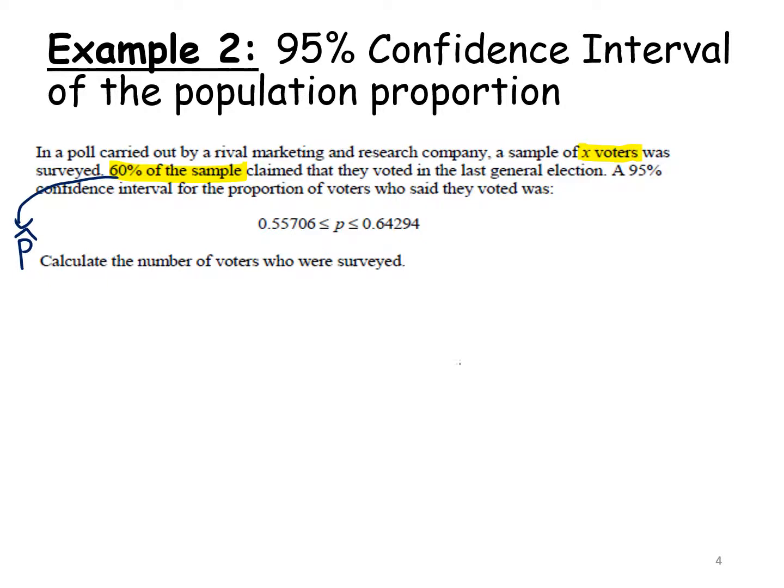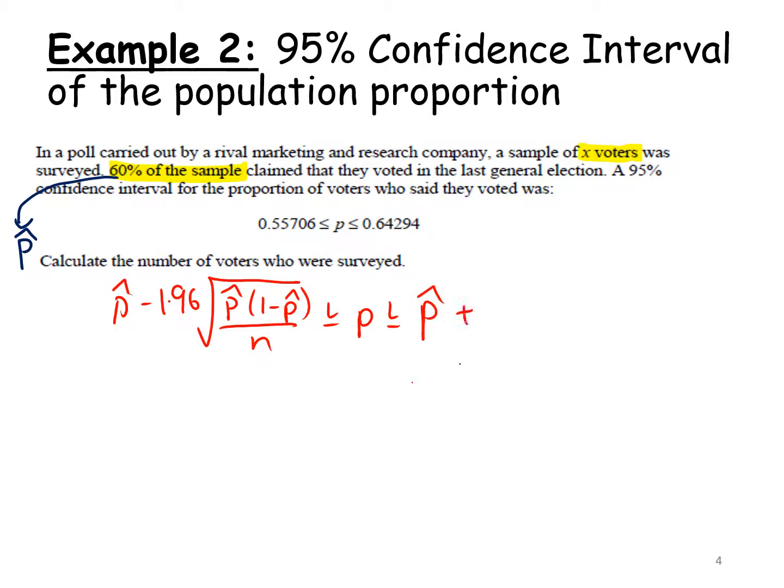So we will first of all look at our formula, and we have p hat minus 1.96 square root of p hat times 1 minus p hat all over n is less than or equal to p is less than or equal to p hat plus 1.96 square root of p hat times 1 minus p hat over n.